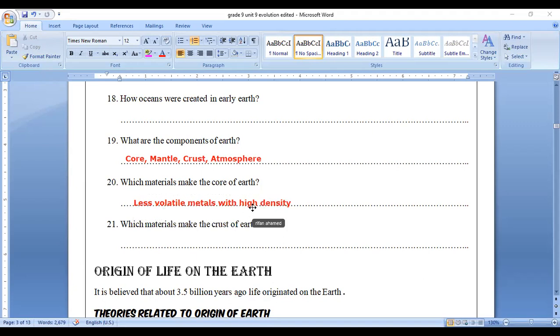That's your answer. Which materials make the crust of the earth? Light silicon rocks. So that's how the answers come.